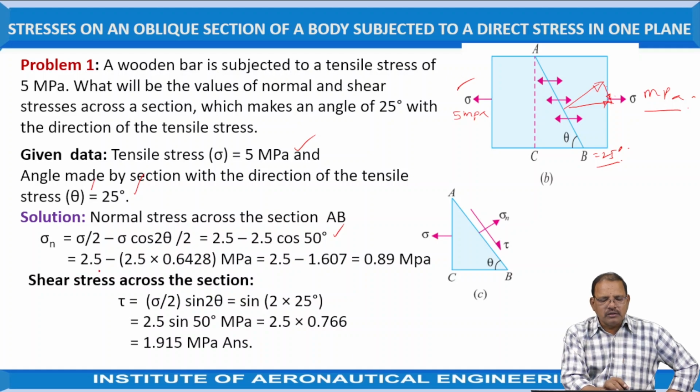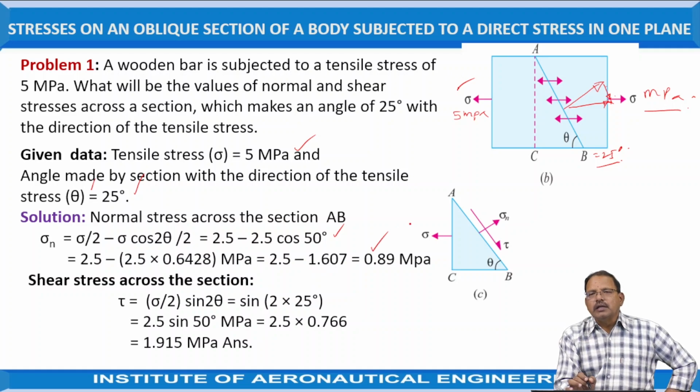From this relationship we get 2.5 minus 2.5 into cos 50, where cos 50 is 0.6428. That is 2.5 minus 1.607, which is equal to 0.89 megapascal.